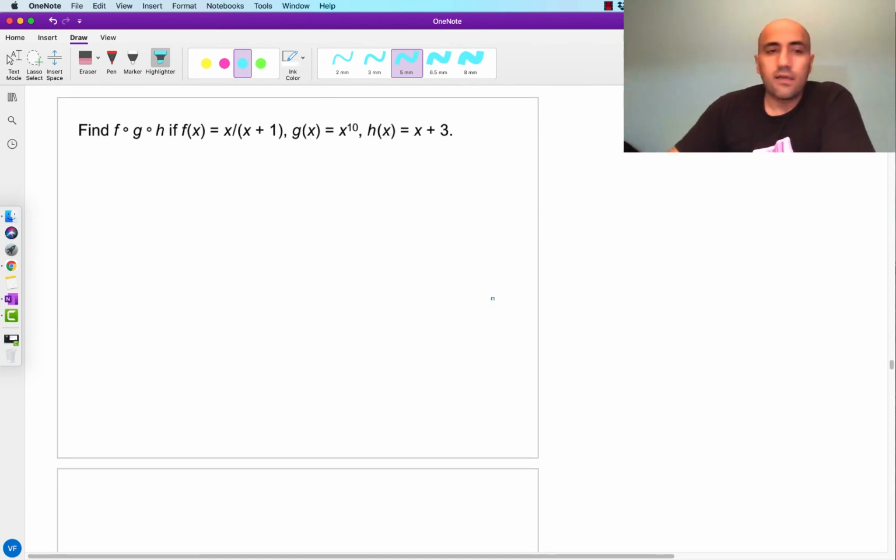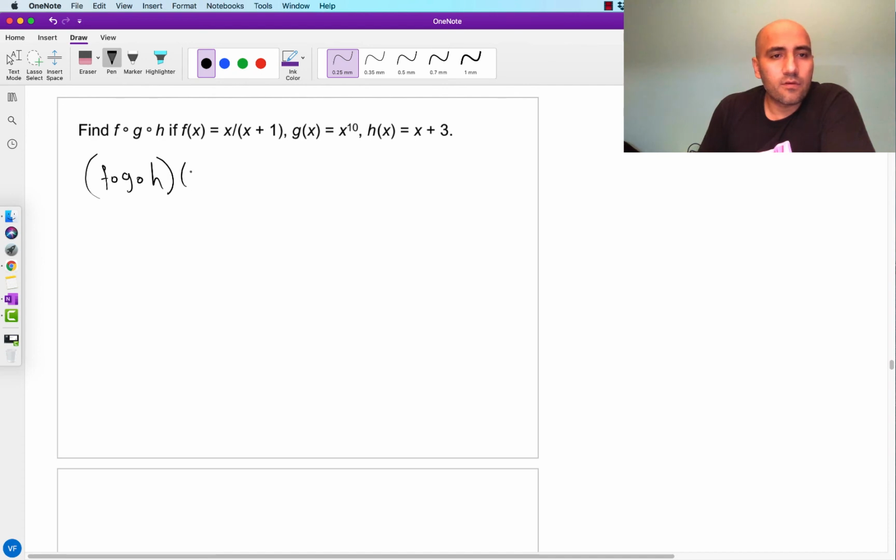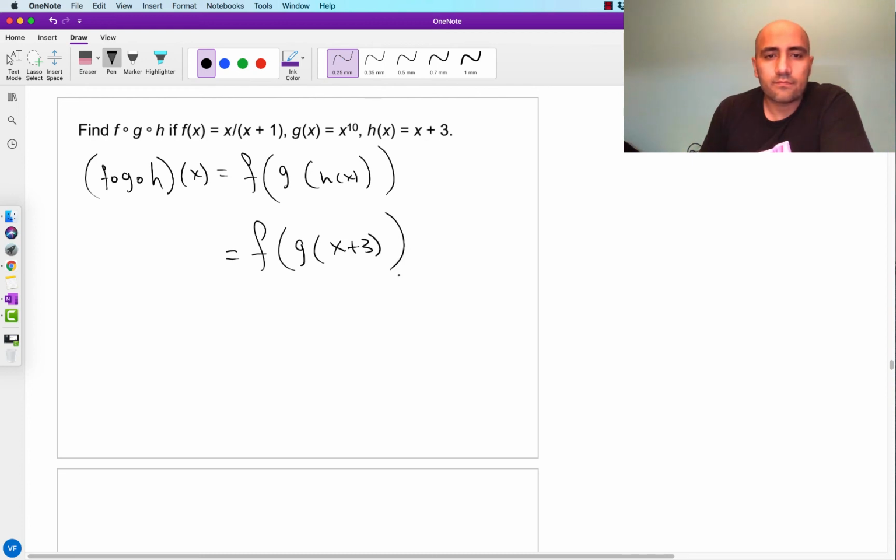Here's an example. Let's say we wanted to find this guy. So we have f composed with g composed with h of x. And here are the definitions of the 3 functions. So this one is going to be equal to f evaluated at g evaluated at h of x, which is equal to f evaluated at g evaluated at h, which is this guy, which is x plus 3, which is equal to f, and now the g function says whatever the input is, raise it to the power of 10, where this is the input.